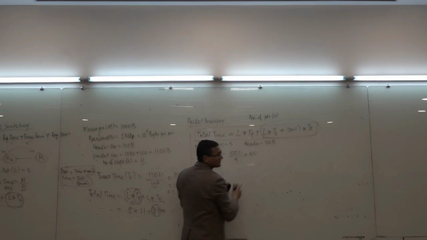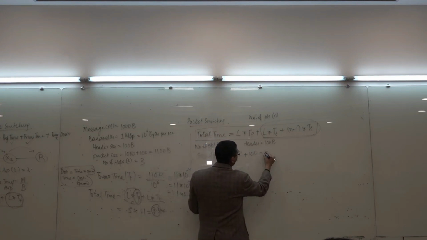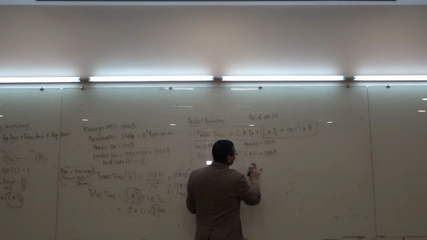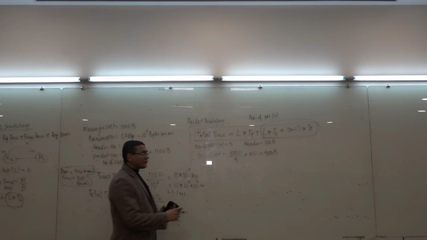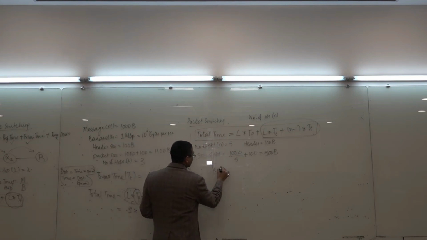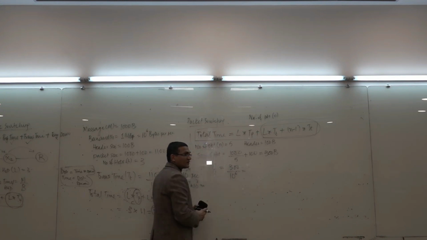Is it okay? Yes. So this will be how much? 300 bytes is actually there. Now keeping in mind this is the size of the packet, what is the transmission time? This will be what? 300 by 10 power 6. How much?